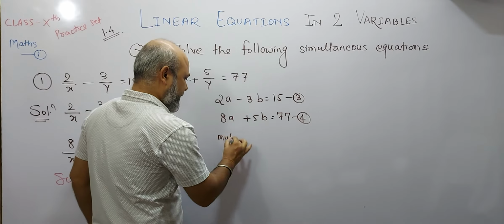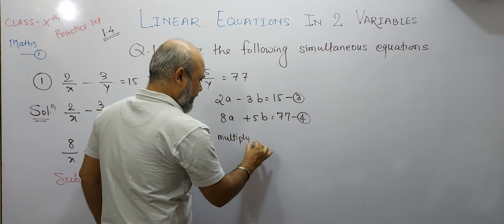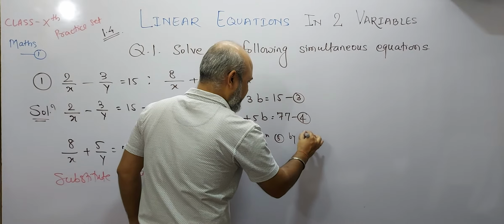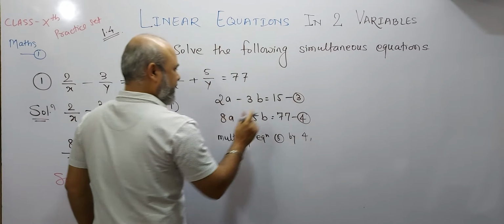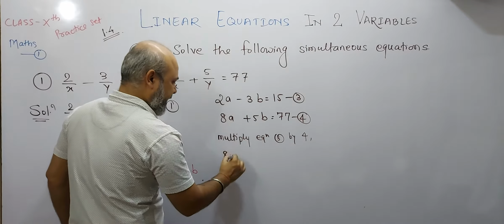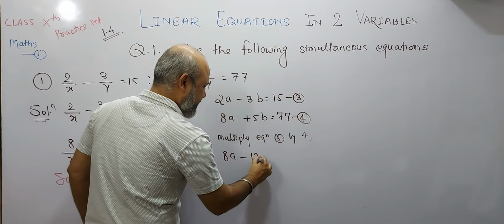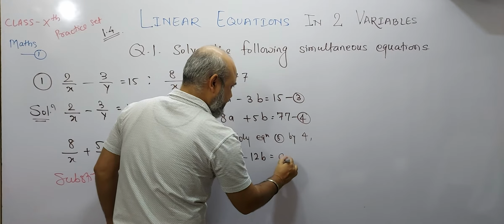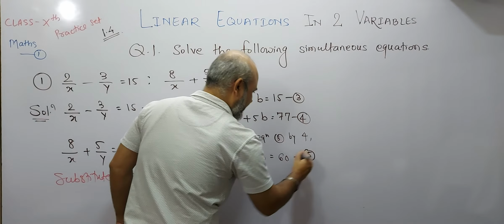So multiply equation 3 by 4. So when you multiply equation 3 by 4, so you will get 4 2s are 8a minus 4 3s are 12b and this is equal to 15 4s are 60. This will be equation number 5.